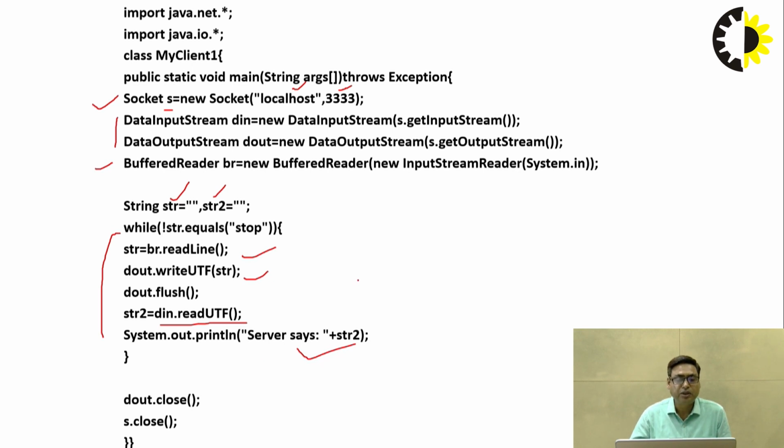So client is able to write a message to the server, and server is able to write a message to the client. This communication will continue till we type stop, and after typing stop, the program will stop. Next, I am going to demonstrate running of these programs.